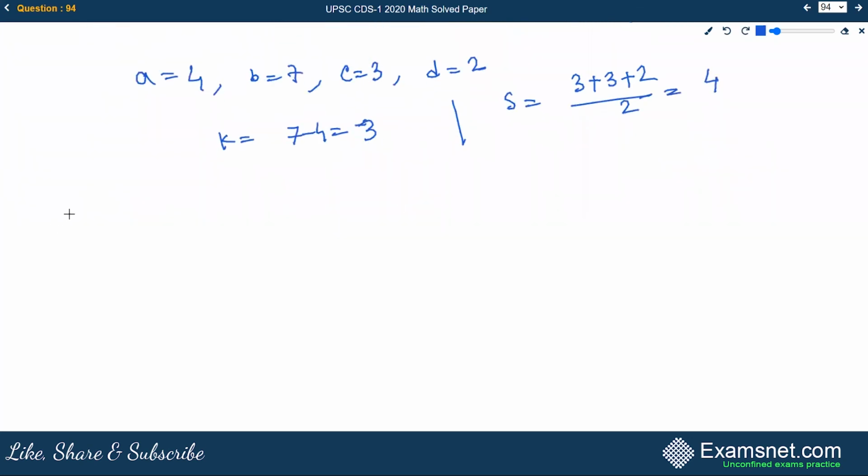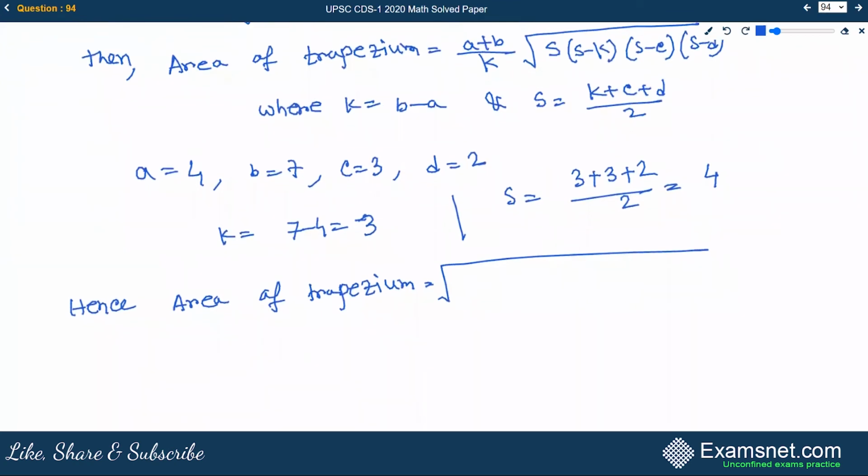Now easily we can find, hence area of trapezium, that is A plus B by K, that means 4 plus 7 by 3.